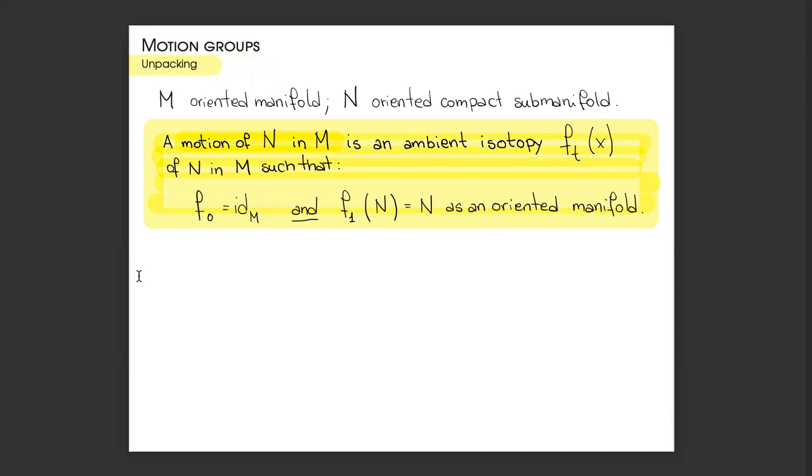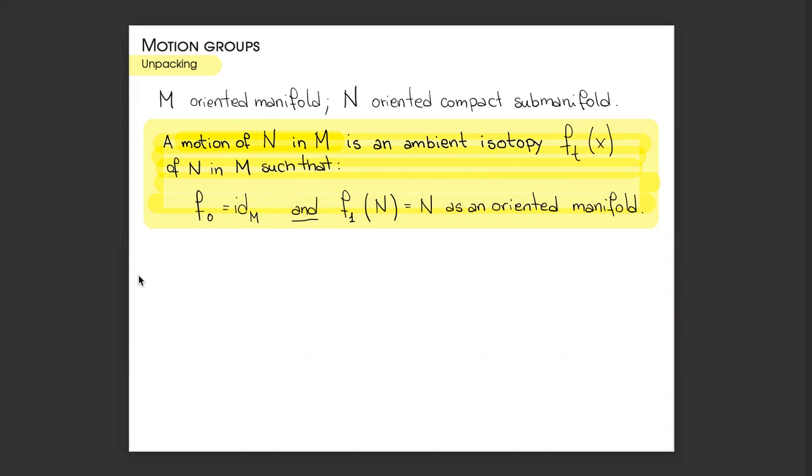So let's unpack this a little bit to see hands-on what our things are doing. A motion of N in M, we said, is an ambient isotopy. Let's call it f_t(x), such that at the moment 0, f_0 is the identity of the big space M. And at the moment 1, at the end of our motion, N has gone back to itself globally.